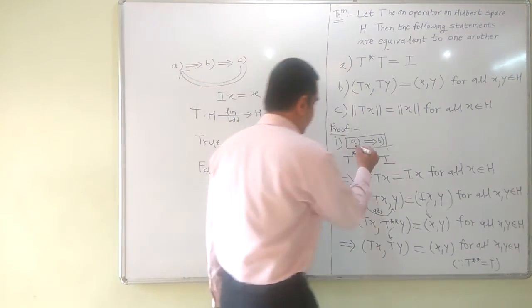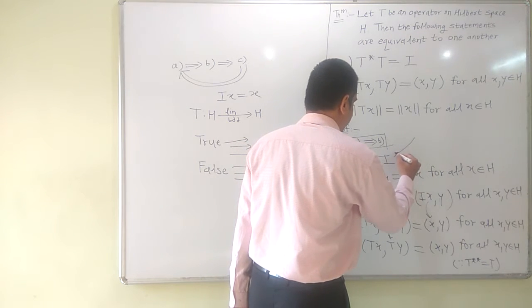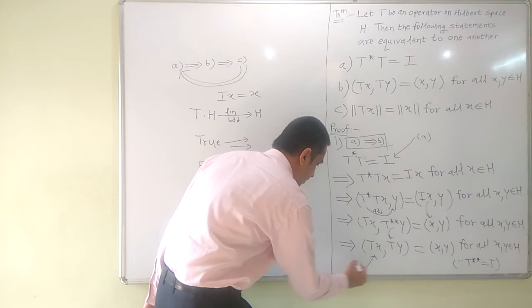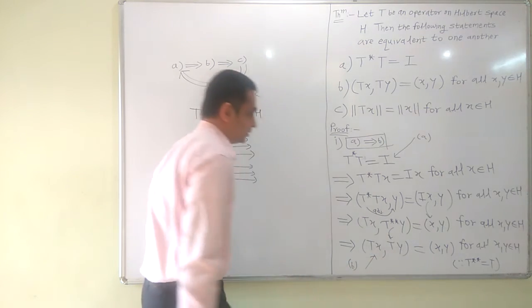So we begin with A, this is nothing but statement A, and this is nothing but statement B. So we proved that A implies B.